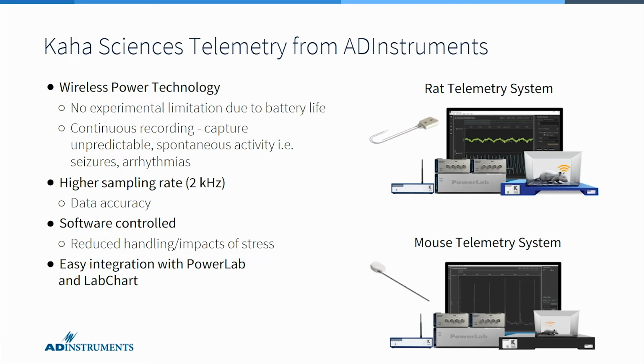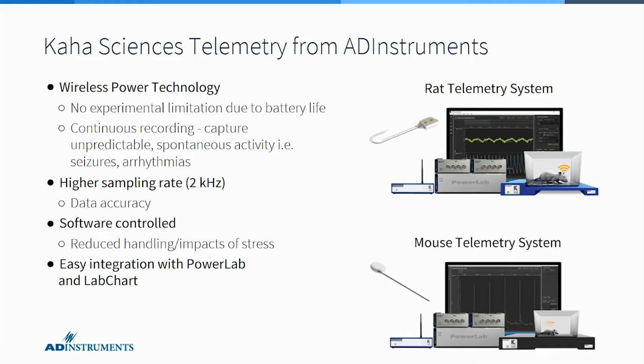So just to summarize, up to this stage of the webinar, the Kaha Sciences telemetry from ADInstruments uses wireless power technology to remove the experimental limitation of battery life, to allow continuous recording from your telemetry devices, but also long-term recording over a long period of time.